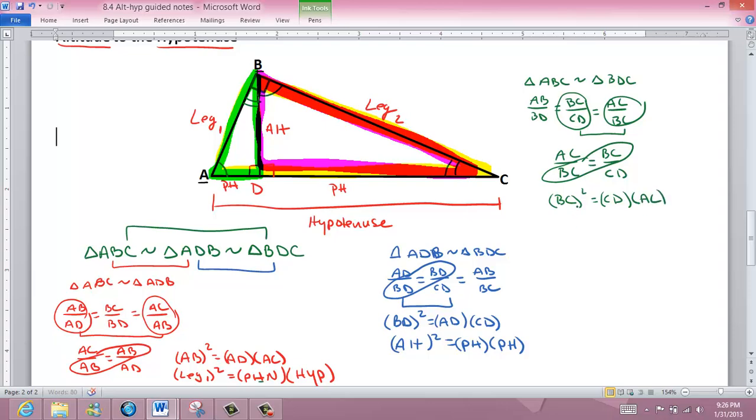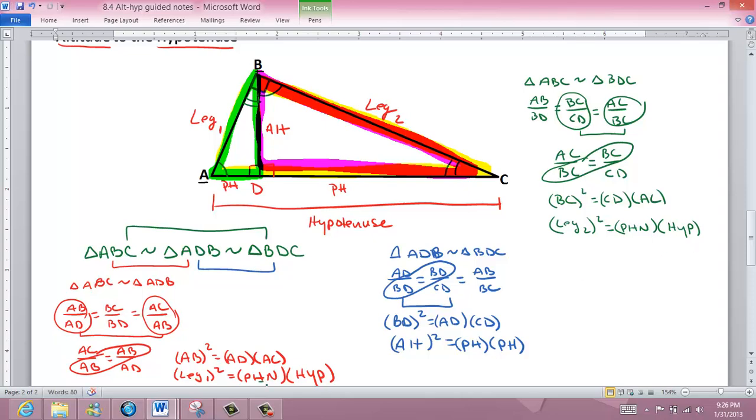Now, going back and looking at these segments, BC in the triangle, what is that? Well, that's actually leg 2 squared equals. If I look at CD, again, CD is a piece of the hypotenuse. But isn't that the piece of the hypotenuse nearby? Most definitely. So we're going to say the piece of the hypotenuse nearby, and AC is actually the entire hypotenuse.